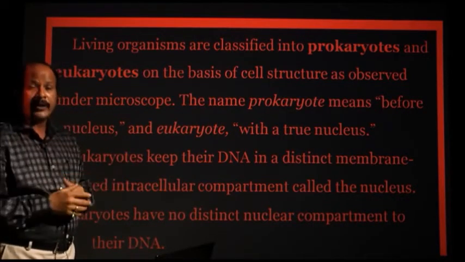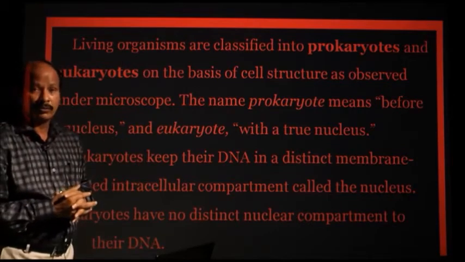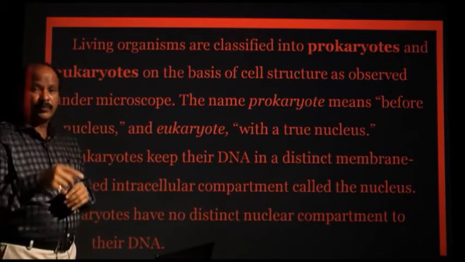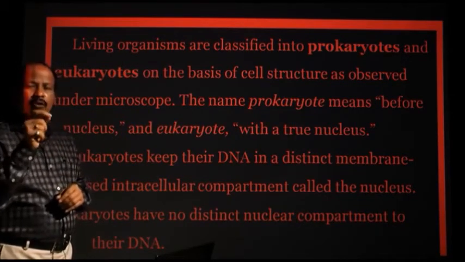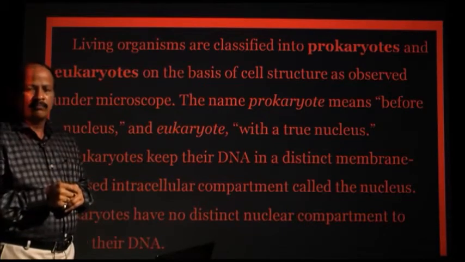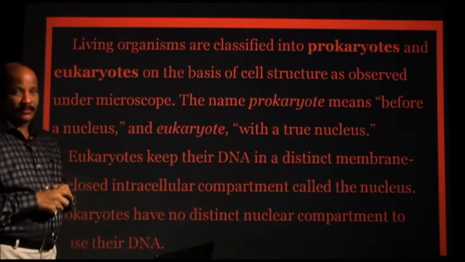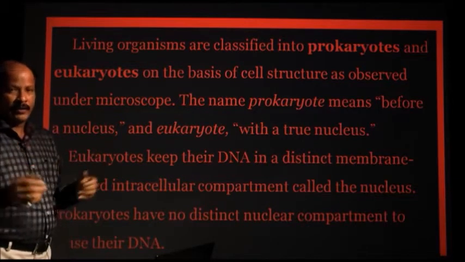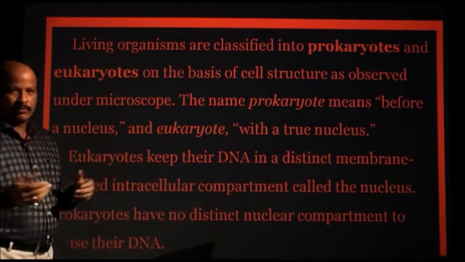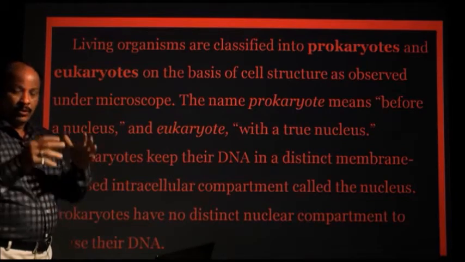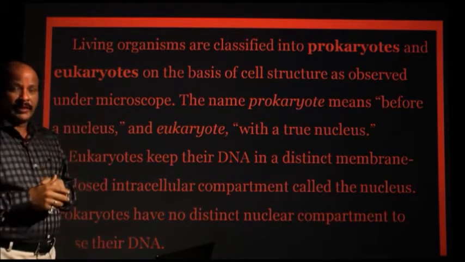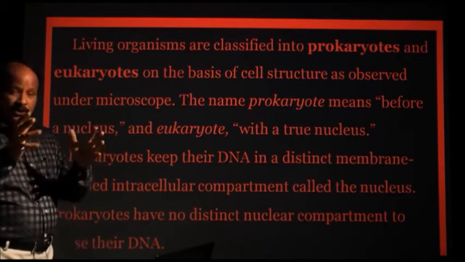They don't have a definite membrane bound nucleus. Their genetic material floats in the general cytoplasm. But when we look at the plants, animals, fungi, protozoans, their genetic material, that is DNA, is present in the chromosomes.